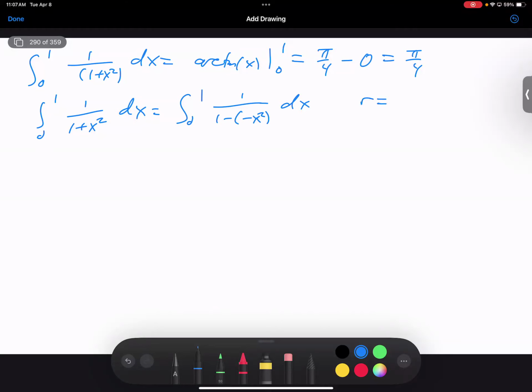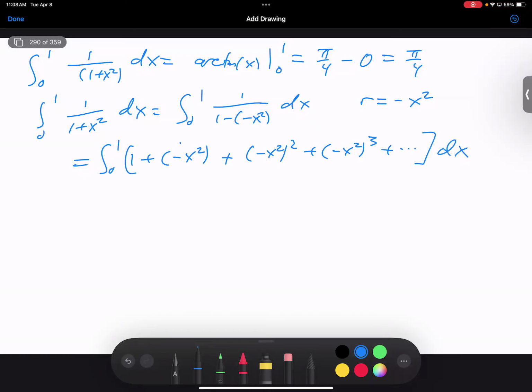So this looks like a geometric series with r equal to negative x squared. So again, not worrying about whether or not this is legal, it's 1 plus negative x squared plus negative x squared squared plus negative x squared cubed plus dot dot dot. We're going to continue and not worry about anything. All right, 1 minus x squared plus x to the 4th minus x to the 6th plus x to the 8th minus dot dot dot.